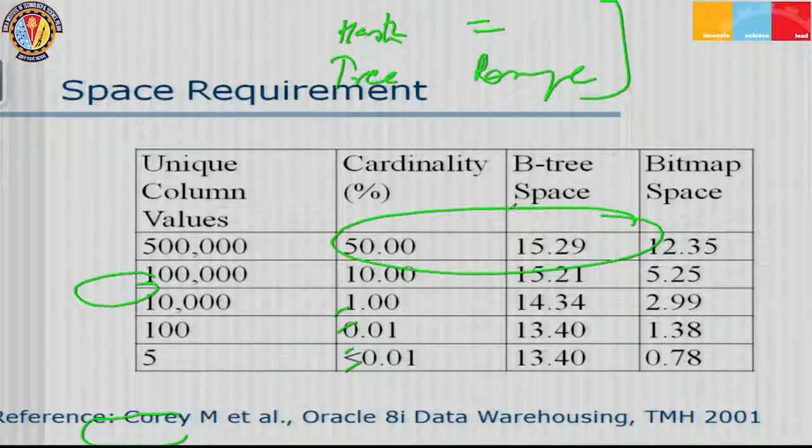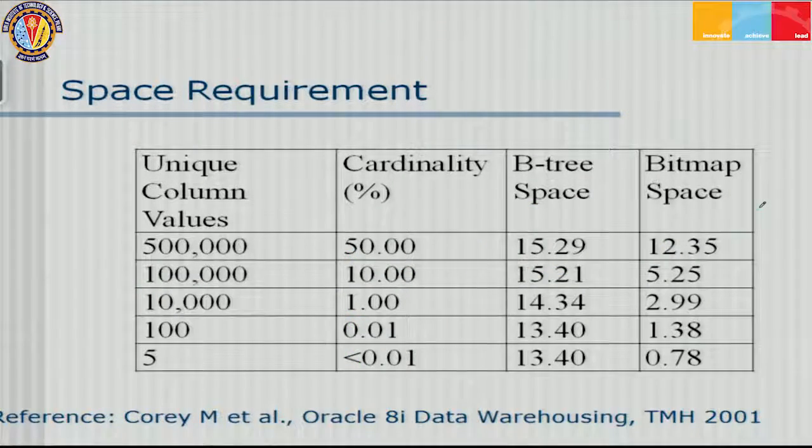And then we have what is called the space requirement. This also tells us something about the compactness of bitmap indexes. So let me clear the annotation first. Yeah. So unique column values, this is basically the column cardinality, right?